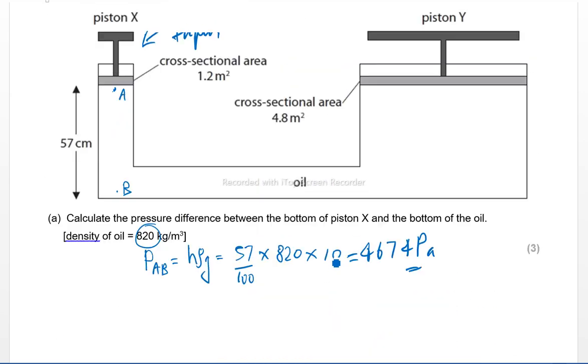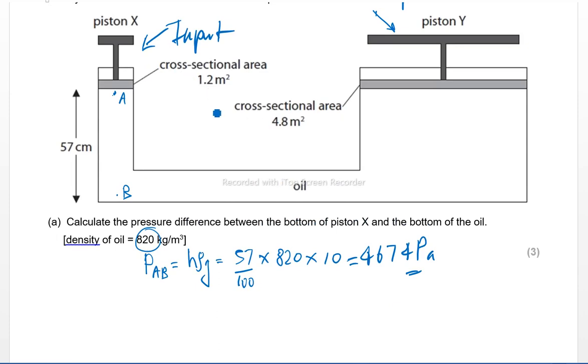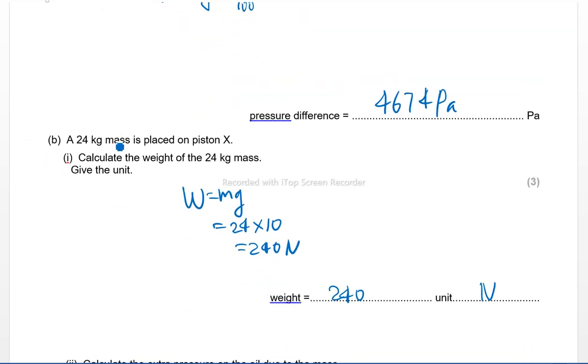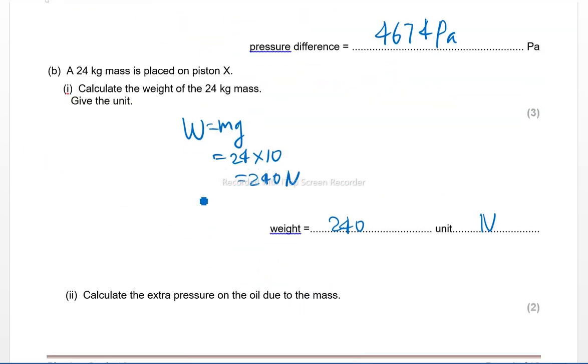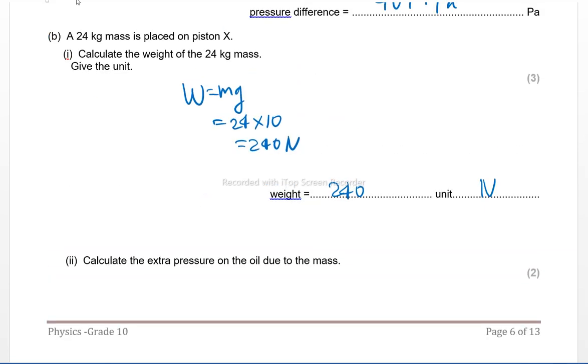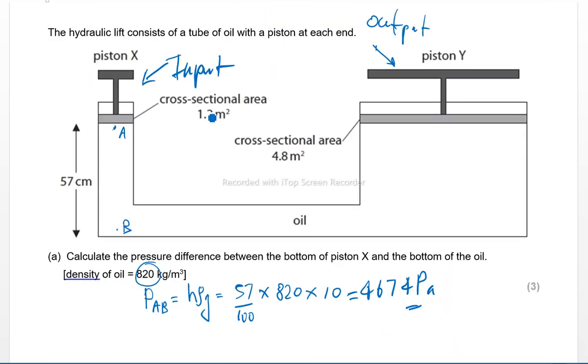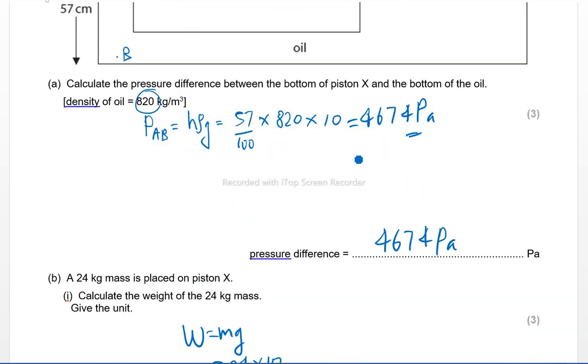So the cross-sectional area we have to consider is 1.2, because the question says the mass is placed at piston X, right? So the extra pressure is due to the additional mass placed. So the force is 240. The cross-sectional area is 1.2 meters squared, right?